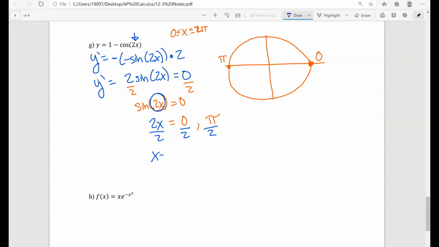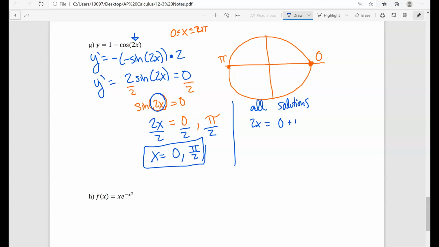So then x would be equal to 0 and then pi over 2. So these would be my two critical points at 0 and also at pi over 2. If I wanted to make it into every single period, I would just add plus 2 pi k. Okay, so if I wanted to do all solutions, you would have 2x is equal to 0 plus 2 pi k.